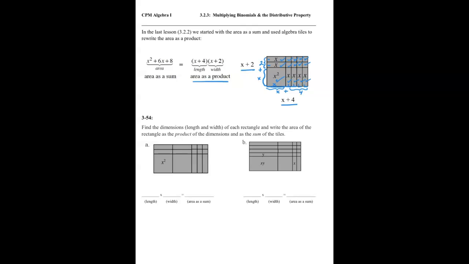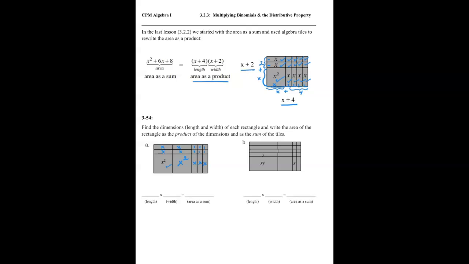So these bigger square tiles are going to be our x squared tiles. These rectangles here are all going to be our x tiles. And of course, these are going to be all of our unit tiles, okay? So for this first one, I'm going to start with the area as a sum.